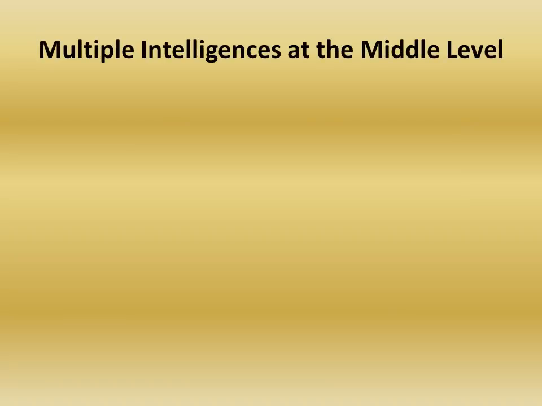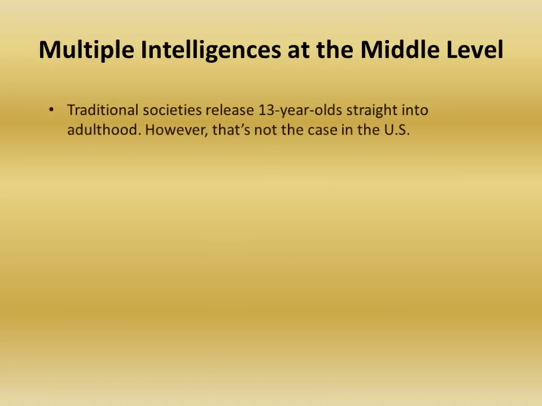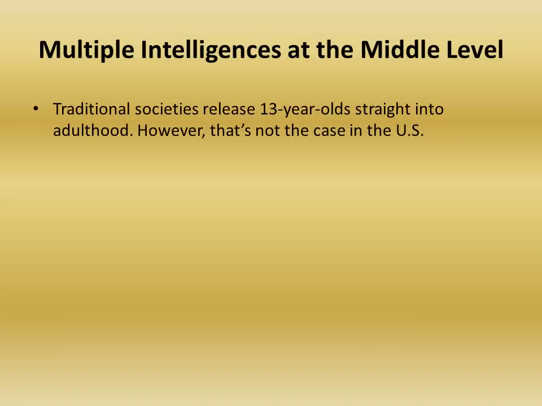The next example we'd like to look at concerns multiple intelligences at the middle school level. Traditional societies generally release 13-year-olds straight into adulthood through some rite of passage.